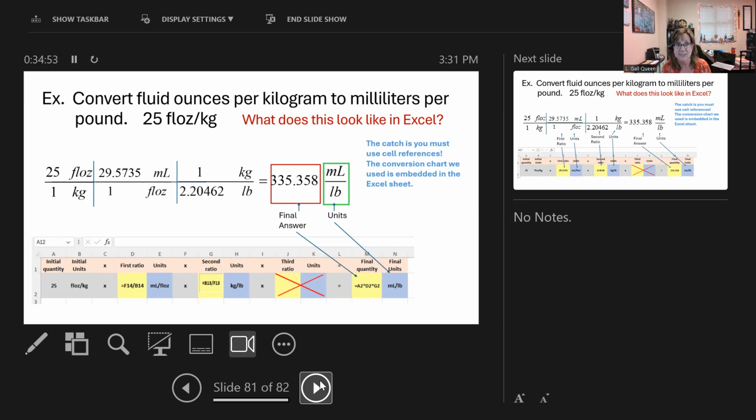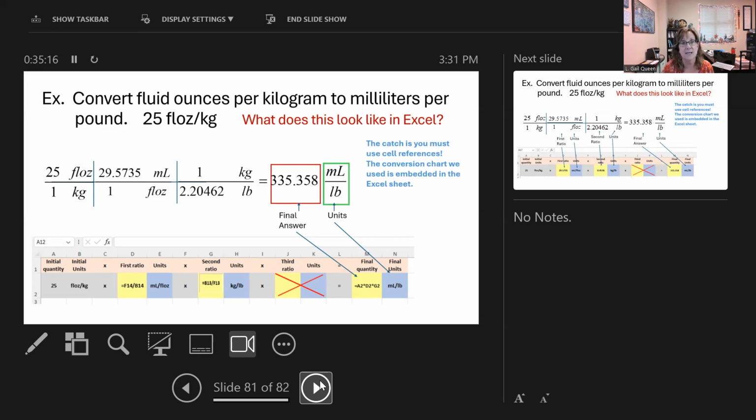Now, these are the cells that I have on the screen right now. Your actual cells in your Excel sheet might be slightly different. You might be on a different row than 2. You might be in a different place on the sheet than A, B, C, right? So you need to look at the cells that have the quantities you want to multiply and use those cells, okay?